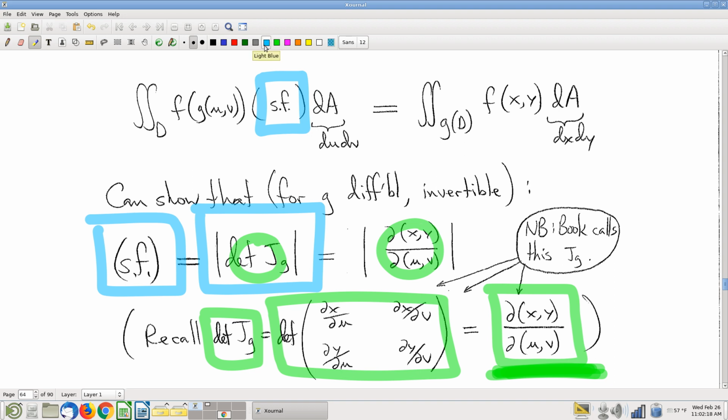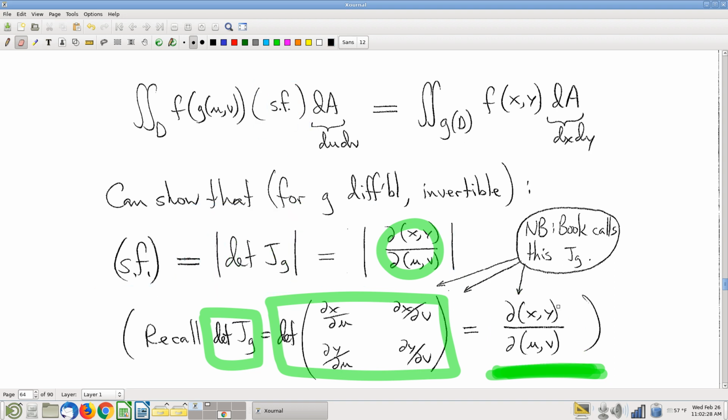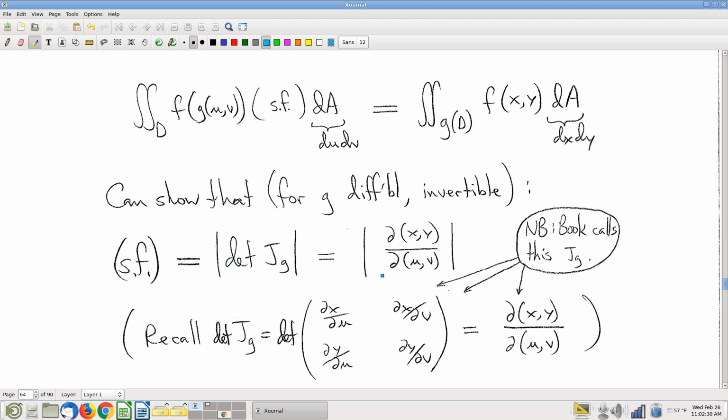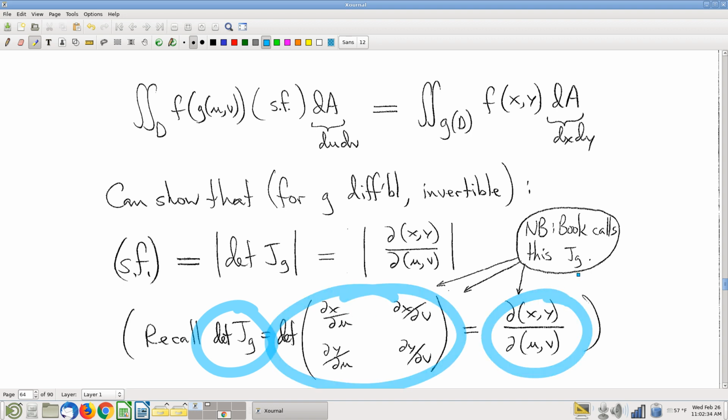Now I have to emphasize, don't forget to take the absolute value of that Jacobian determinant. Okay, side note, this is just a notation thing, but unfortunately the book refers to the determinant as being the Jacobian. I guess it's fine. In the way that they use it, they're clearly using it as a scalar.